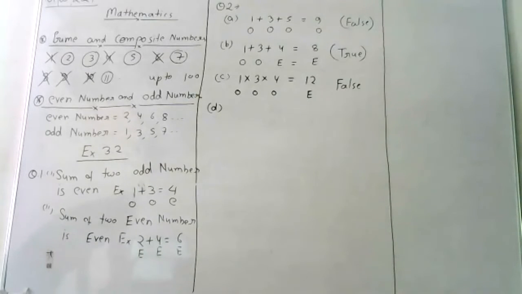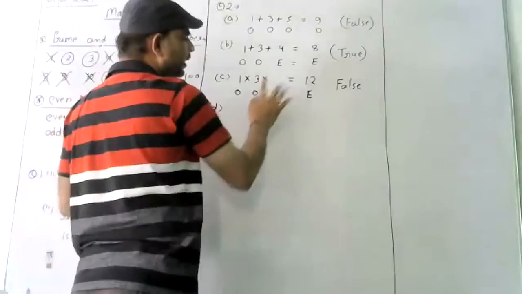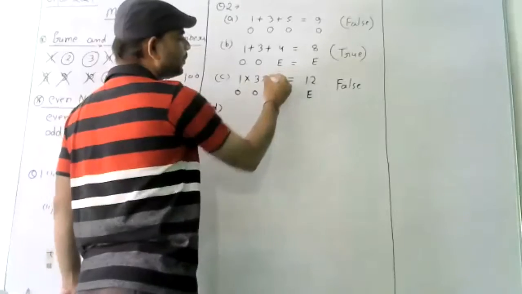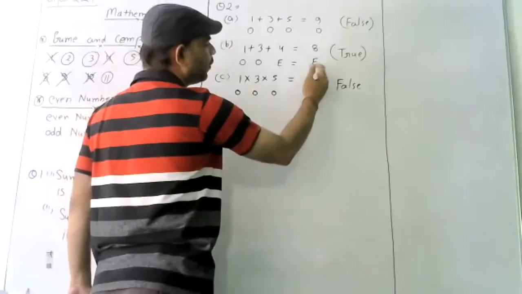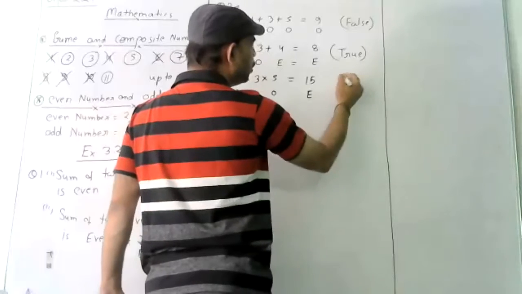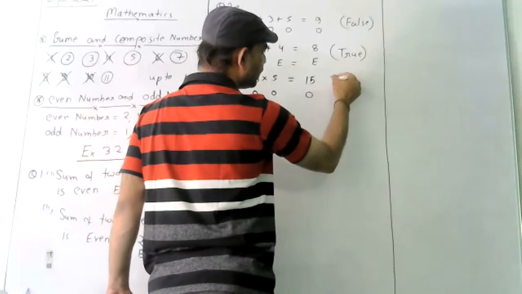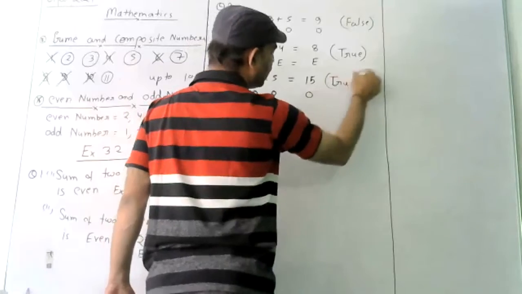Sir, 4 is even. Yes, 4 is even. So 5 minus 1 gives 4, which is even. Okay, and this statement is true. Is that clear? Yes, sir.